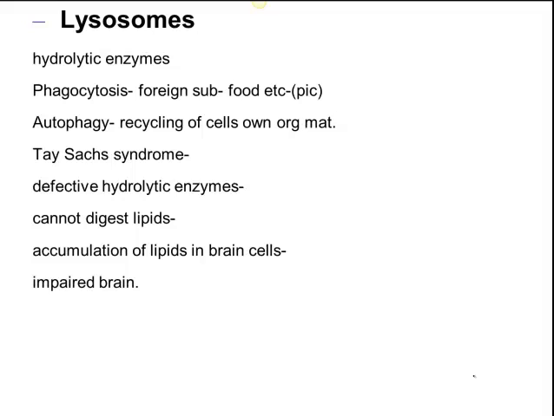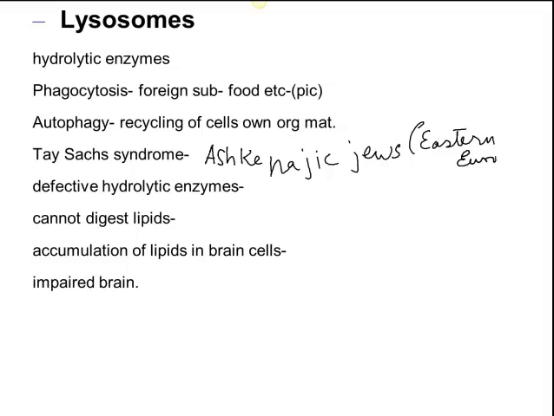Now, an example people have given is a disease called Tay-Sachs syndrome, which affects certain races. It is most often seen in Ashkenazi Jews from Eastern Europe. This particular disease is very prevalent in their community.